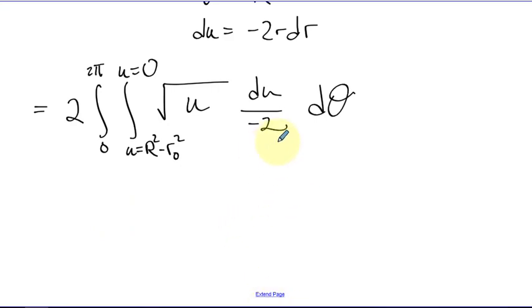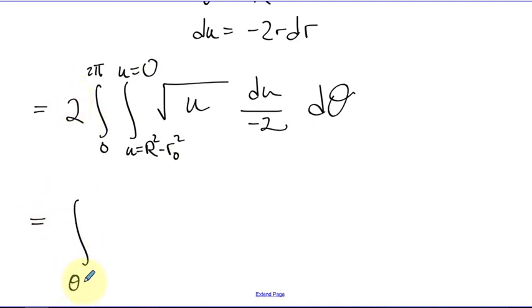So here's a couple of fancy things. First of all, that 2, being a constant, can come out of this integral, and being a constant in this outer integral, it can come all the way out past both of those integral signs. So the 2's are going to cancel. Another neat little thing is that I happen to have a negative here, and I notice that the upper bound is 0 and the lower bound is some positive value. So I'm going to flip the bounds and get rid of the negative and cancel the 2's, all in one step.